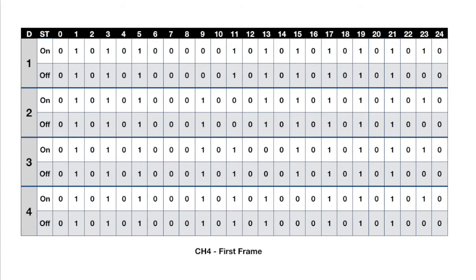The ST is the state, so either I press device 1 on or device 1 off, and so on for 2, 3, and 4. And then I added bit numbers from 0 to 24 to represent the 25 bits that I had. And I stacked all the bits in this column of the table such that we can compare them one by one. Remembering that this is only for channel 4 and for the first frame, as it's noted at the bottom of the slide. So I'm just looking at one channel right now.